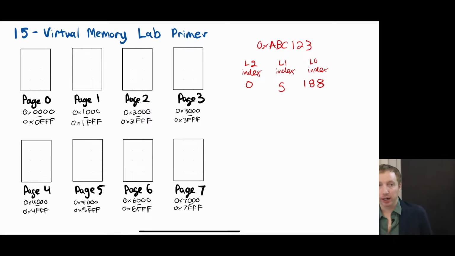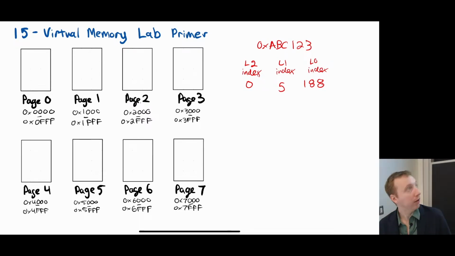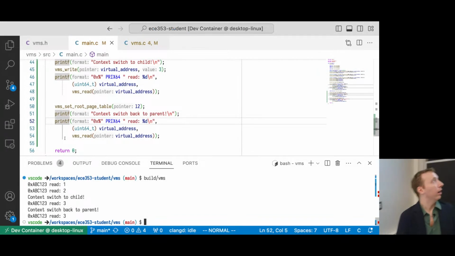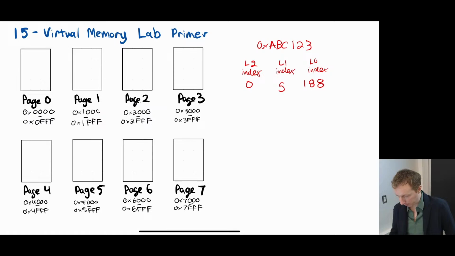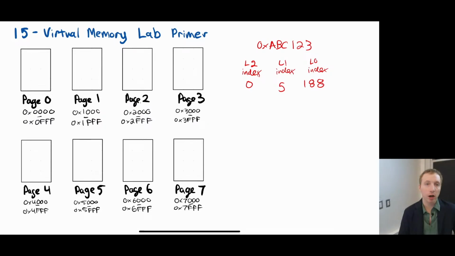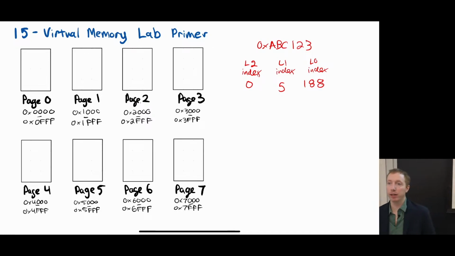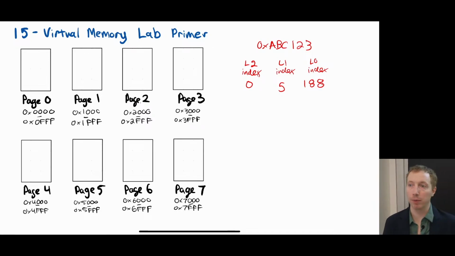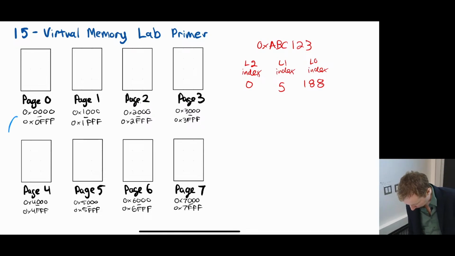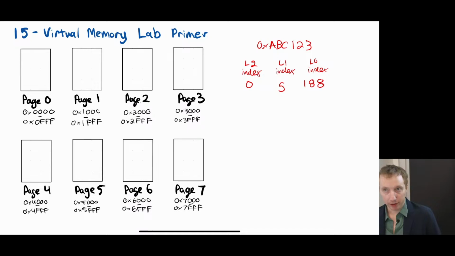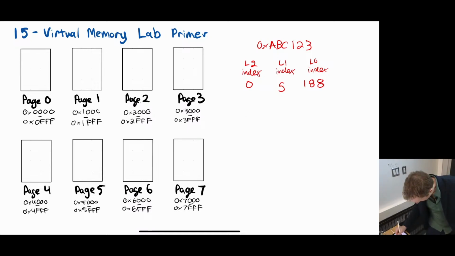So, in the code here, to make sure that is a valid translation, all it does is say, oh, okay, I need a root page table and an L0 page table, so I would probably just ask for a new page. Maybe I get page 0. So I'd say, okay, page 0, you're my new root page table.